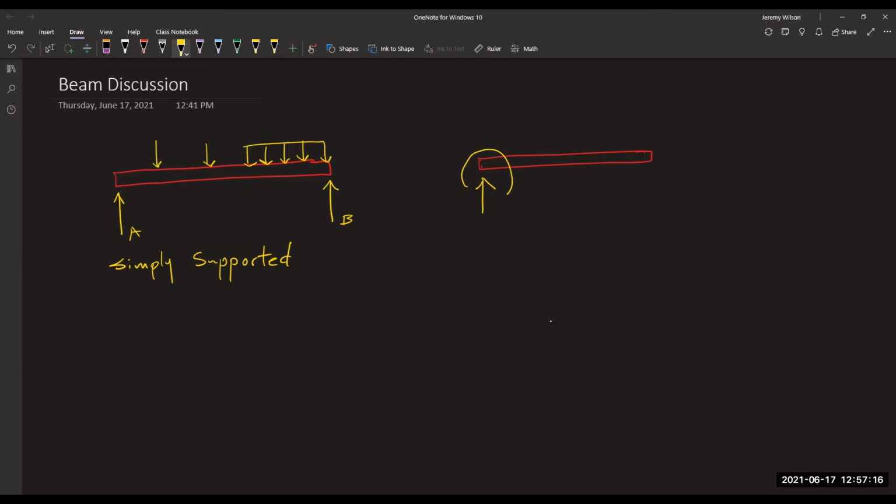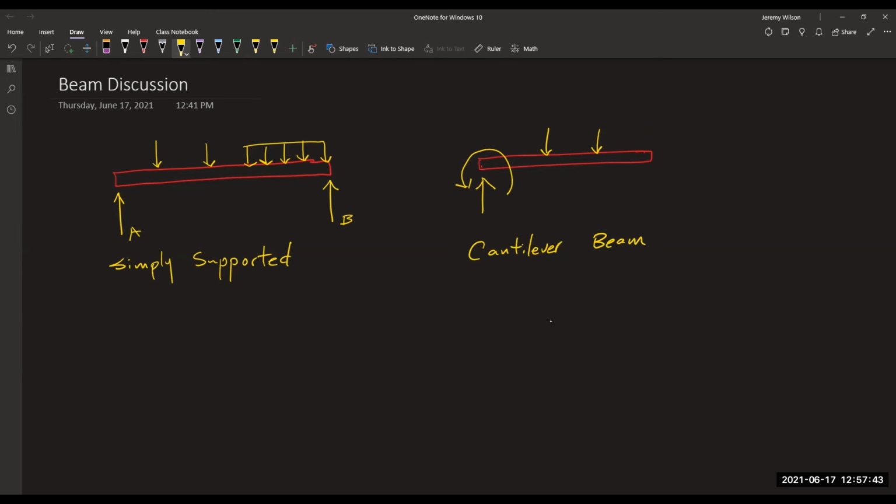Otherwise, the beam would fall on the right end. So we have this moment that tends to rotate it back, and that is caused by the beam being inside a building, for example, embedded in the concrete. Of course, we can have loads as well, and we call that a cantilever beam.